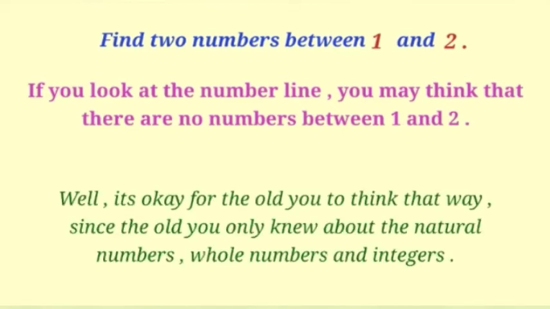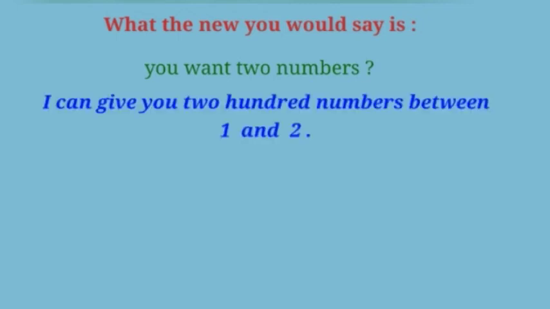Well, it's okay for the old you to think that way, since the old you only know about the natural numbers, whole numbers and integers. What the new you would say is, you want two numbers? I can give you 200 numbers between 1 and 2.